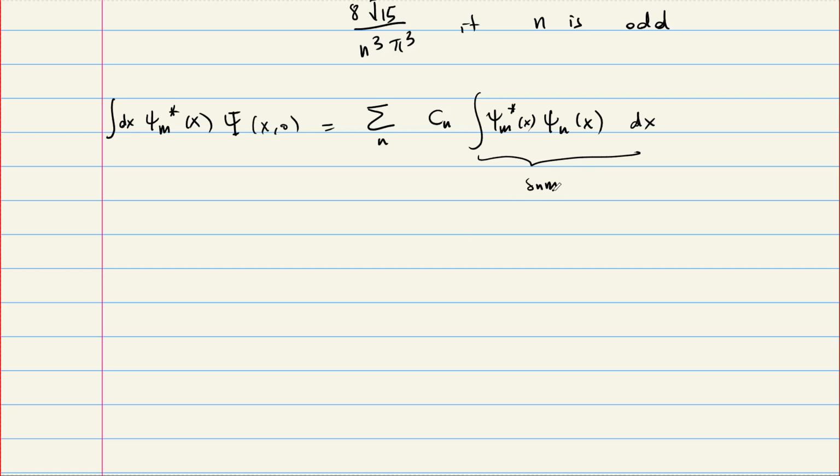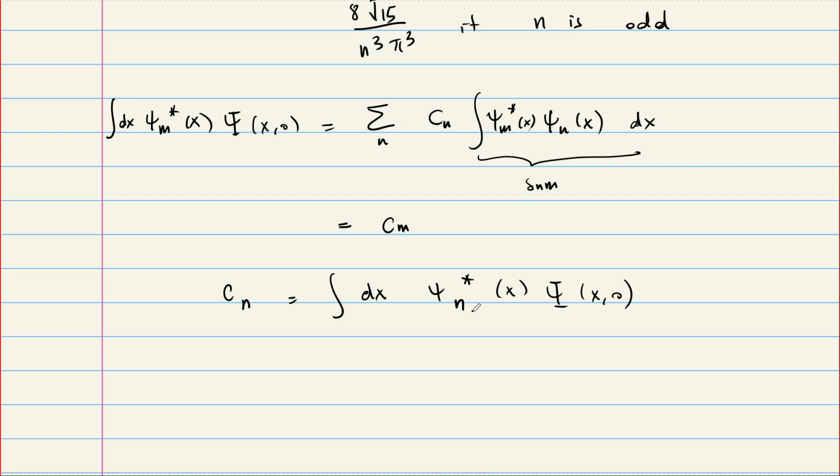And delta nm says that in the sum for n, pick m and leave everything else. So this is Cm. Then our expression is Cm, integral dx psi m star of x psi of x comma 0. But m is a dummy label. I can put anything I want. I put back n. Good. It's the same trick. If you learn it once, you get it.